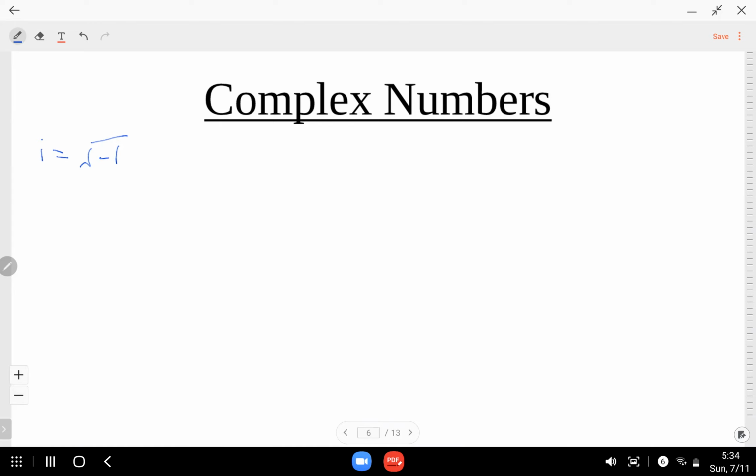So when we have the square root of negative 3, that equals the square root of negative 1 times the square root of 3, which equals i times the square root of 3. So that's how to simplify using i.